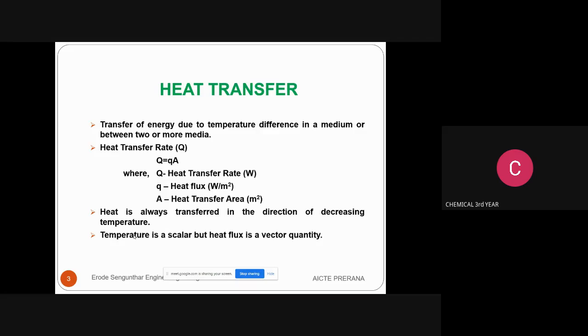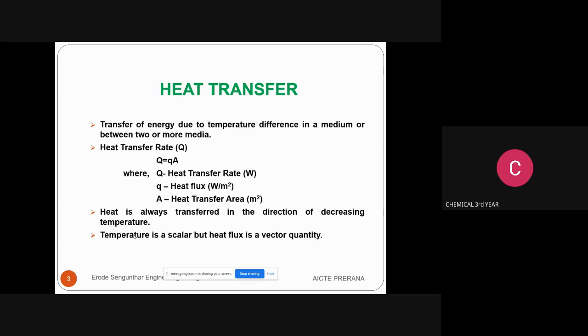But heat flux, we can't write it like temperature, because the flux term itself shows how the heat is flowing and in which direction. Okay, so it may be in one direction, or in two directions, or in three directions, right?